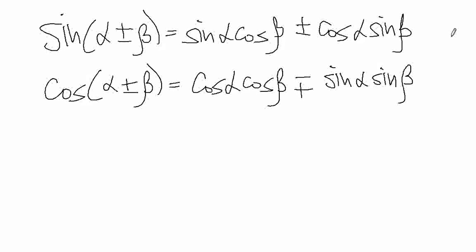What that represents is that the sign of the right side is going to be different than the sign of the left side. For example, if on the left side I have the cosine of alpha plus beta, then the right side will be a difference. If on the left side I have the cosine of alpha minus beta, then on the right side I'll have a sum.